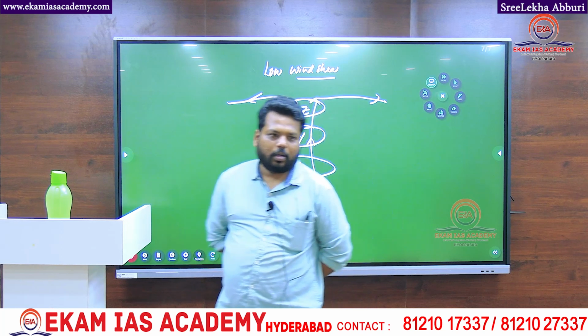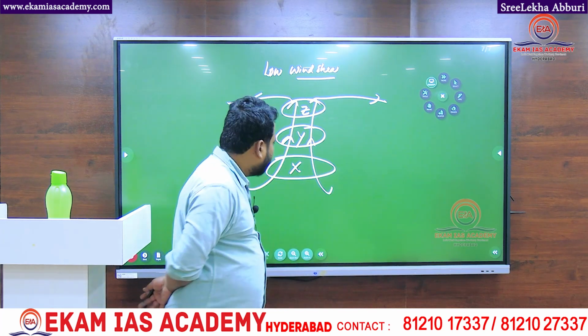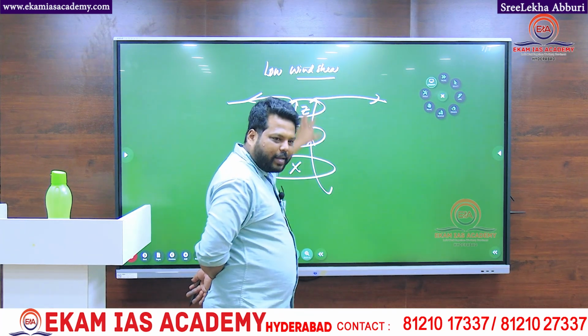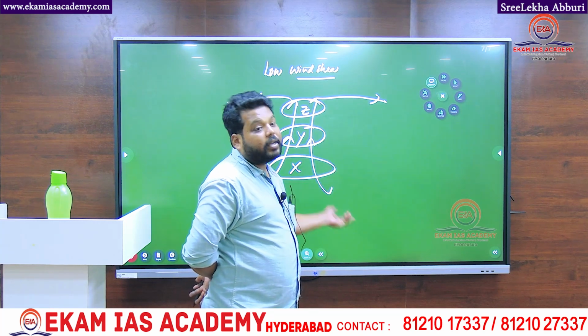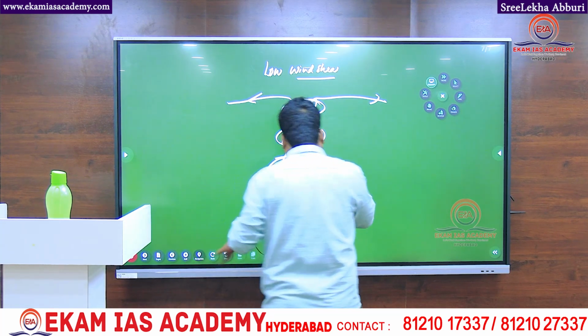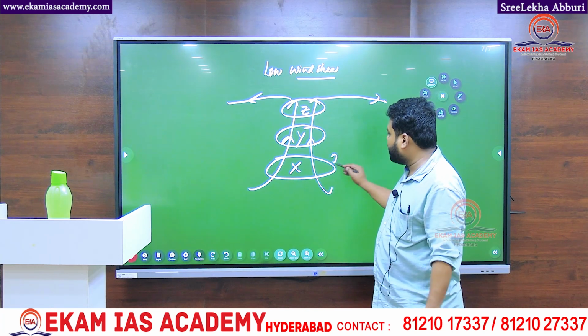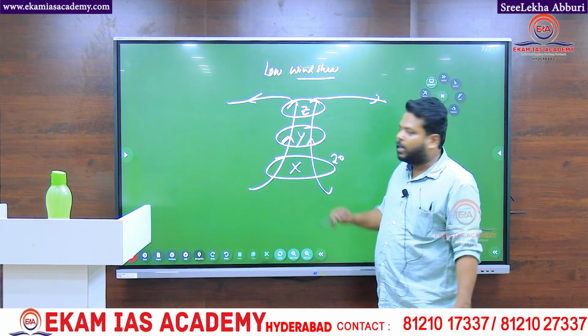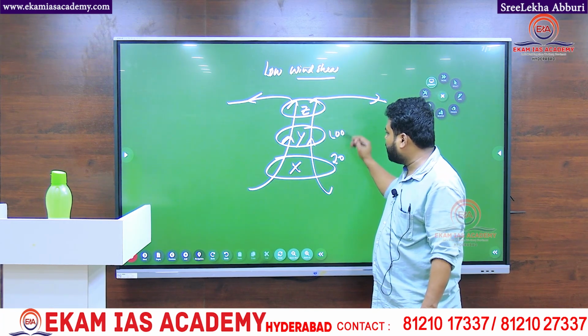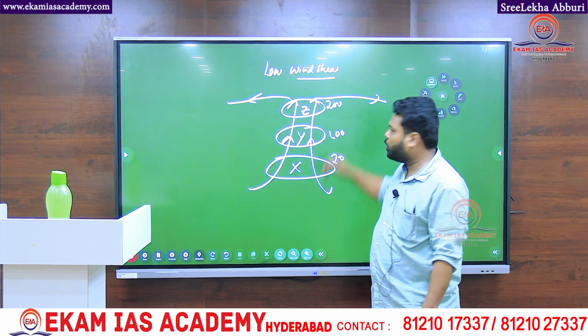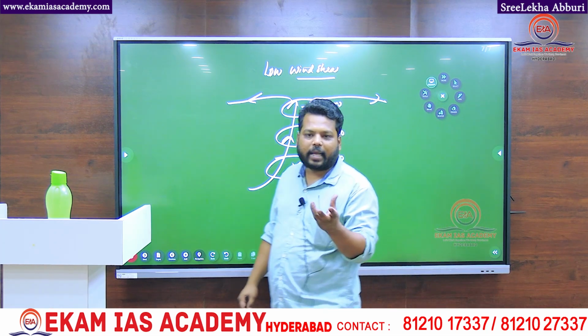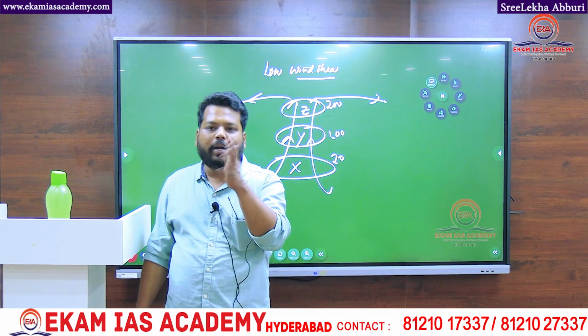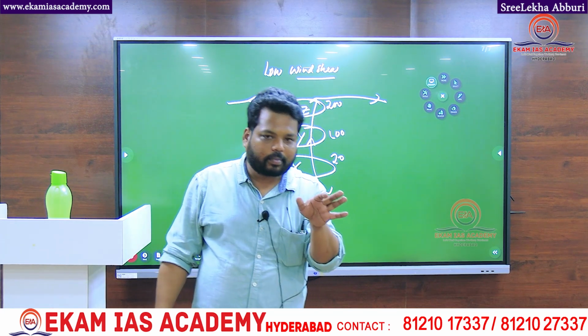Here in this zone, the difference in wind speeds should be very less. If the difference is very high, let's say the winds over here are moving at 20 km per hour, here at 100 km per hour, here at 200 km per hour, the cyclone shape or the cyclone movement doesn't exist.